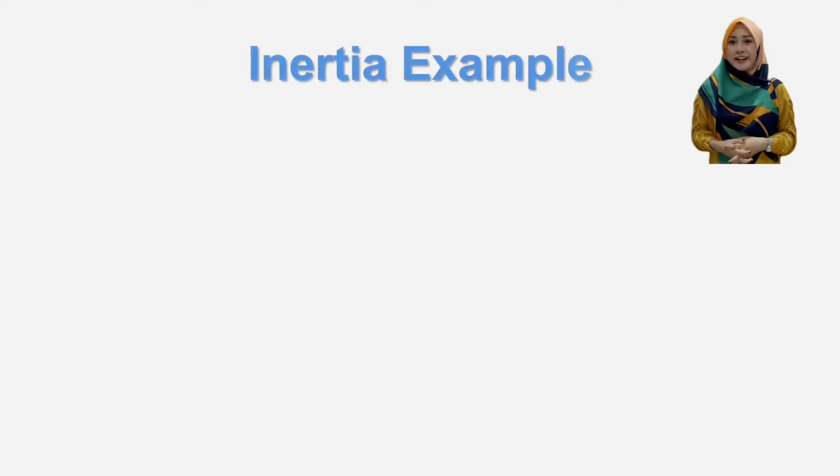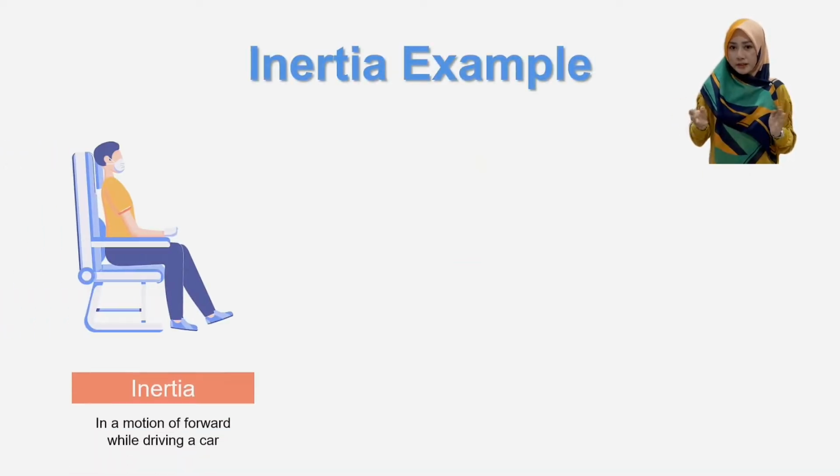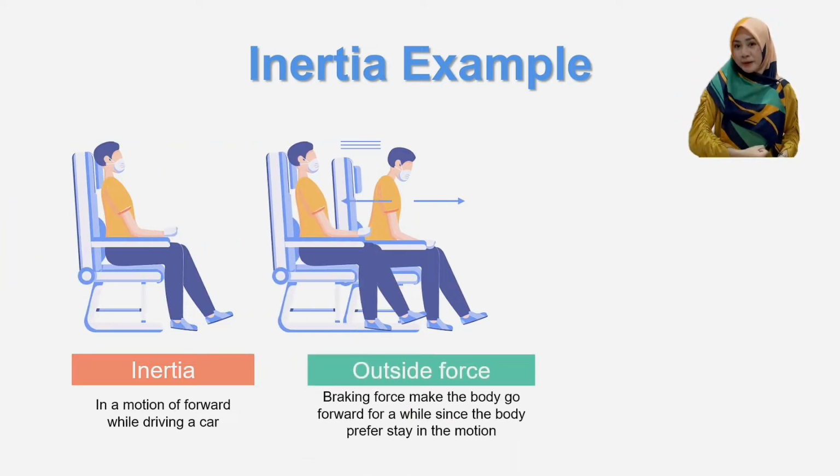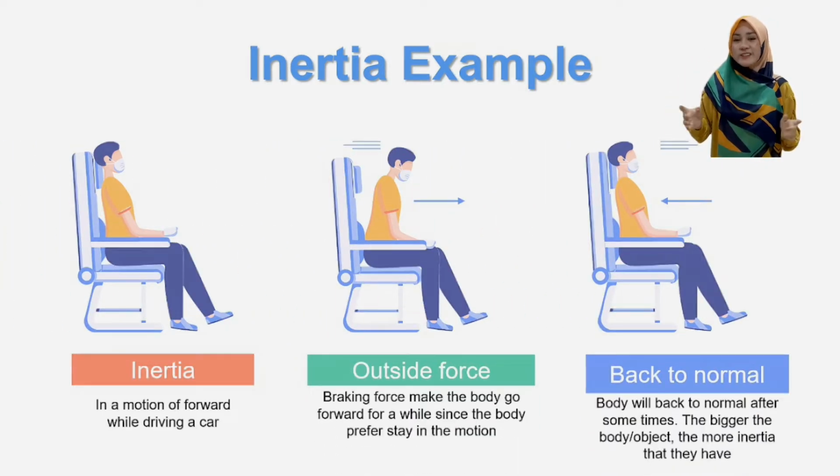Next, an inertia example. For example, when you drive a car, why do you need to put on the seat belt? This is because of inertia. Imagine your father drives a car and suddenly he brakes. Your body will move forward. If you do not wear the seat belt, you will be thrown to the outside.